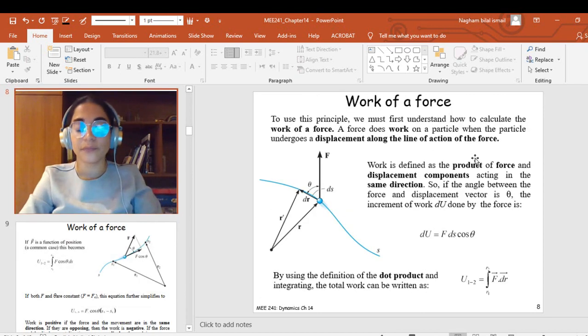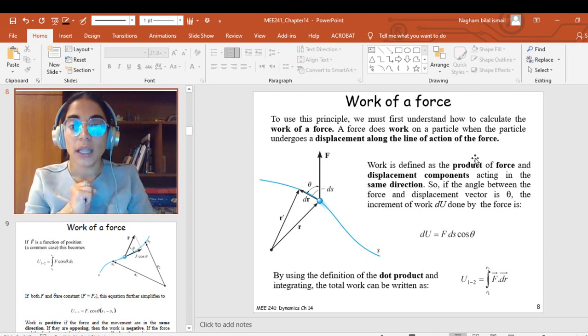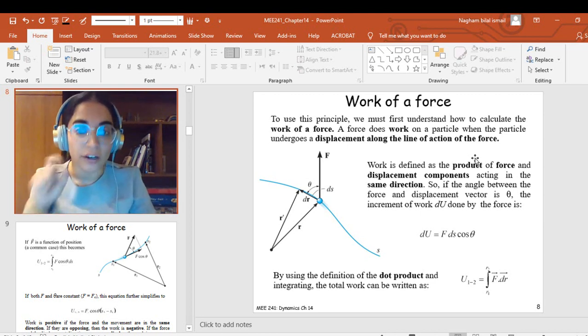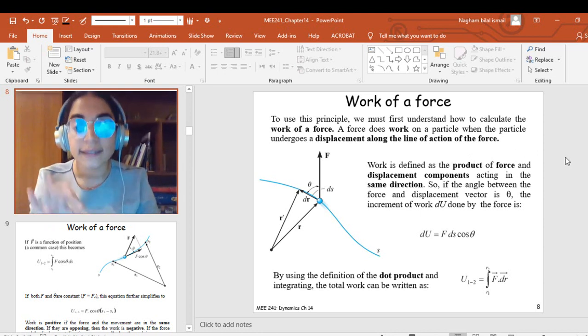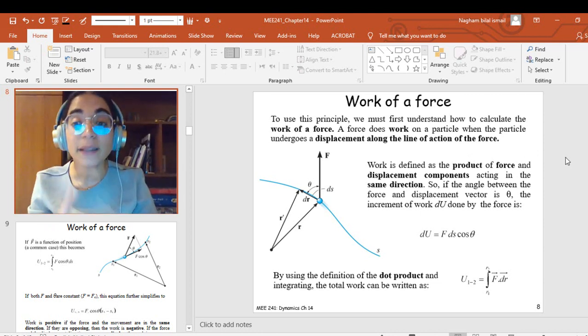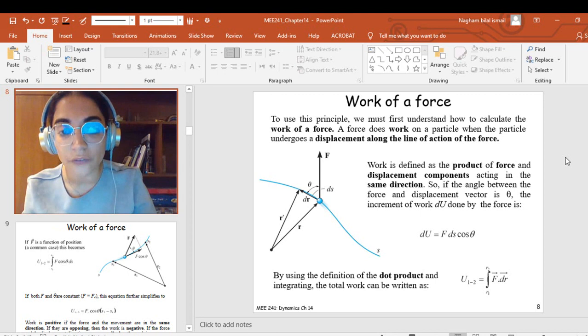In fact, guys, by definition, the work is defined as the product of a force and the displacement component acting in the same direction of this force.